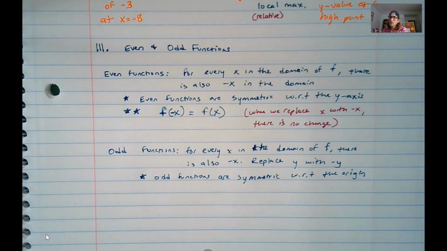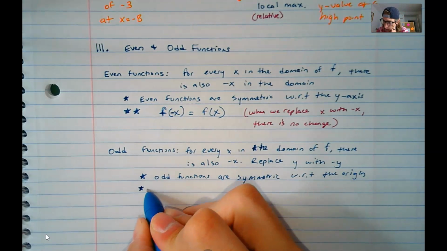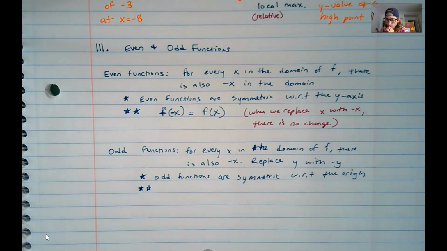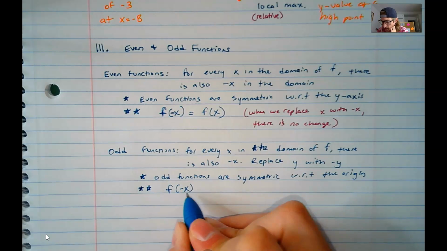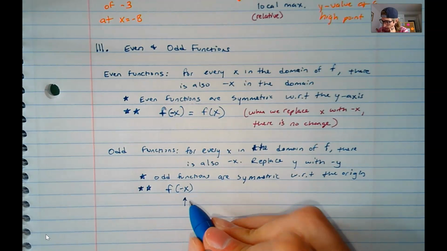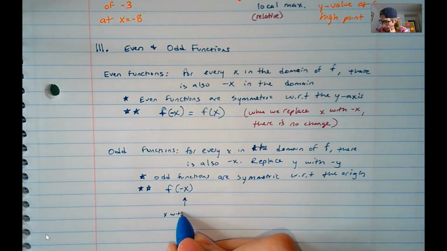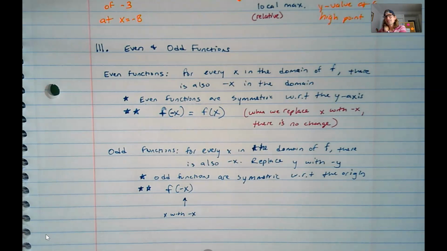Now thinking back to when we were talking about symmetry, how could we tell when something was symmetric with respect to the origin? When we replaced x with negative x and y with negative y, we got back to the same thing. So how do we write our definition for odd functions in function notation? When we replace x with negative x, we got negative y.